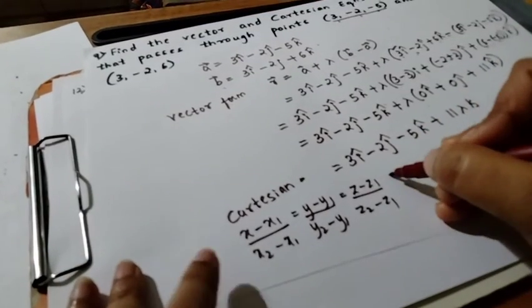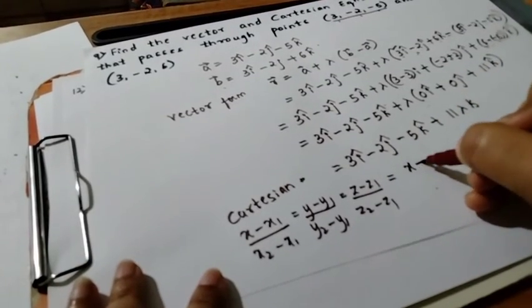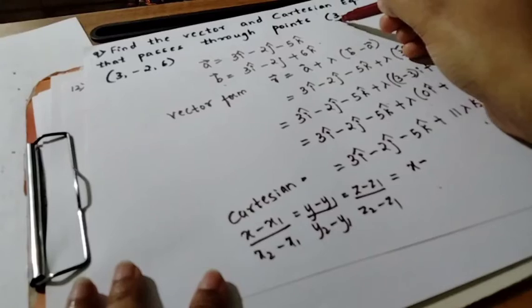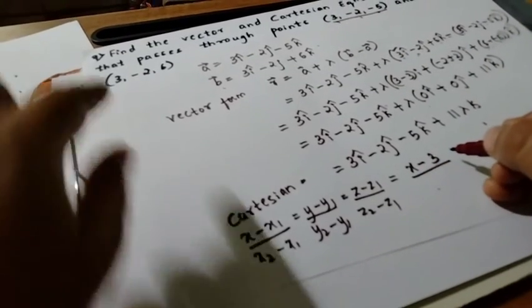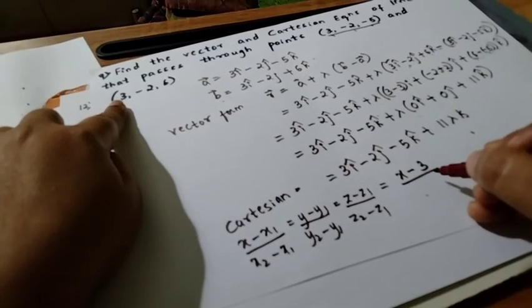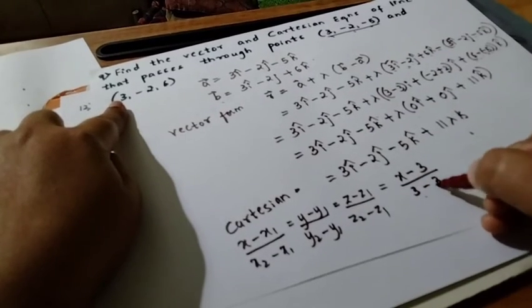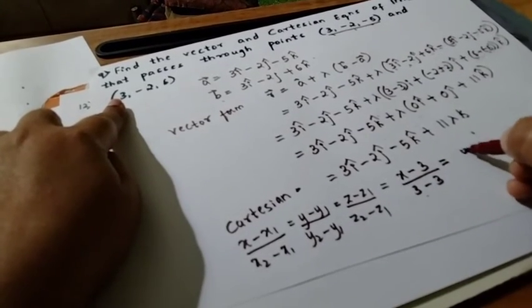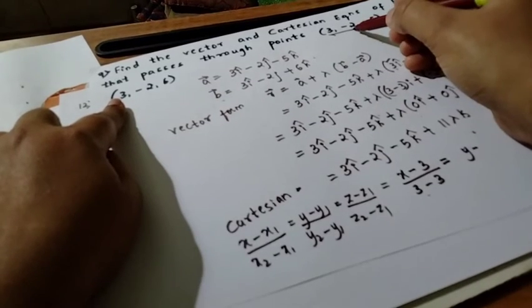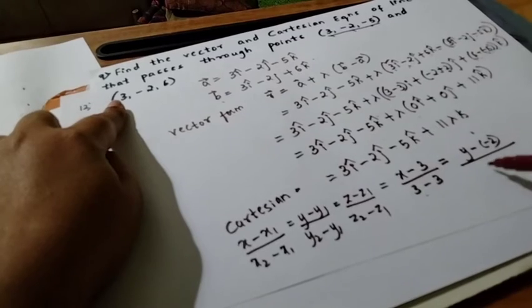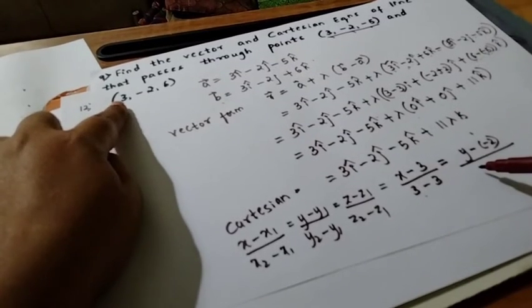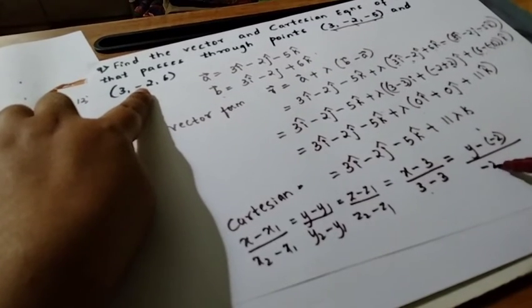So this is equal to x minus x1, x1 point is what here? 3, divided by x2 minus x1, 3 minus 3, is equal to y minus y1, y1 point is what here? Minus 2, divided by y2 minus y1. y2 value is minus 2 minus of y1 value minus 2. Okay.